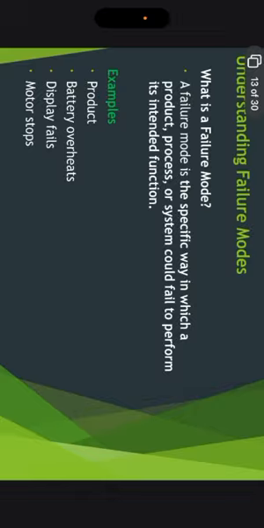So understand failure modes. What is failure mode? Failure mode is a specific way in which a product, process, or system could fail to perform its intended function.